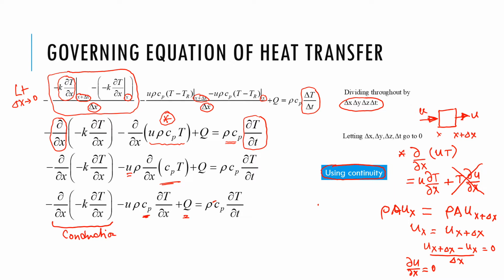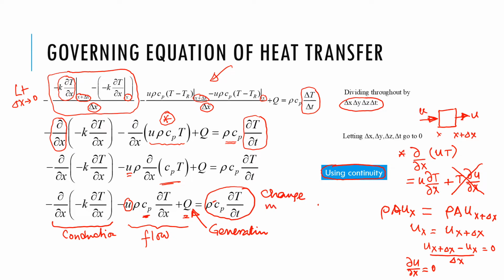This term, because it has the u, and if you go back to where it came from, is due to flow, and then this one is due to generation, and this is the effect. The net effect is the change in storage.